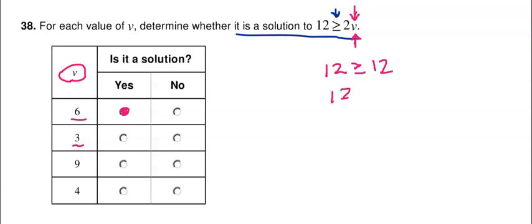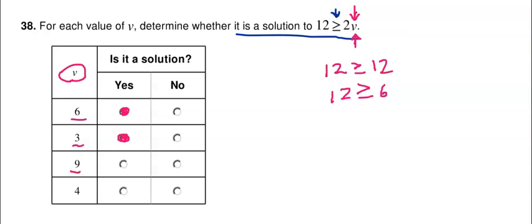So then we're going to end up with 12 is greater than or equal to 6. So is 12 greater than 6? It's not equal to, but it says greater than or equal to. And yeah, that is true. The 12 is bigger than 6. So yes, 3 is a solution as well.